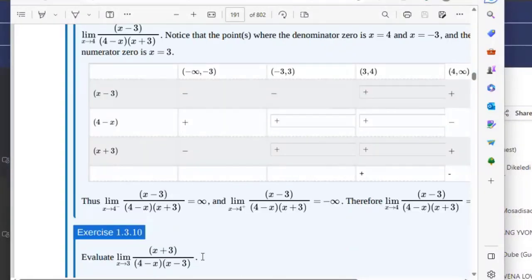If that is the case, then let's come to this part. Using the very same technique, may I please request you to evaluate the limit of (x plus 3) all over (4 minus x)(x minus 3), as x approaches 3.